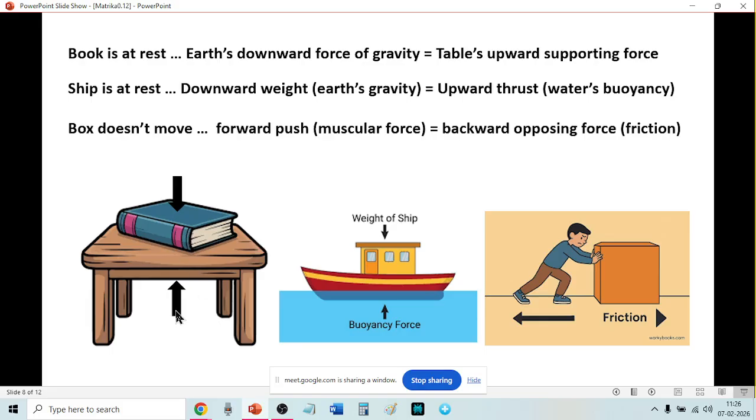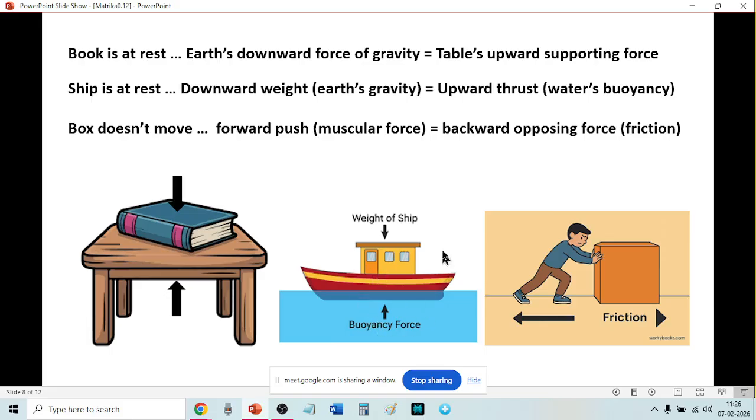So the table's upward support and the weight acting downward are equal. That is why the book is not moving. They cancel each other, so the net effect is zero, that is balanced forces.